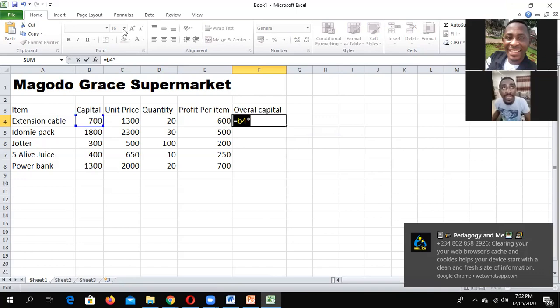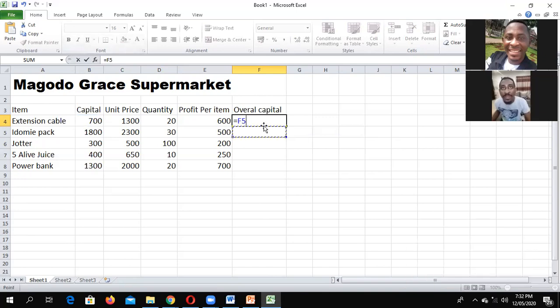I will just enlarge this so that you can see properly. It's just like your asterisk sign or your star sign on your phone. So I'll say equals to B4 times.